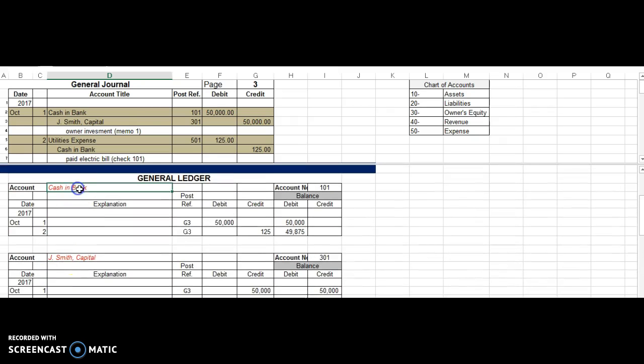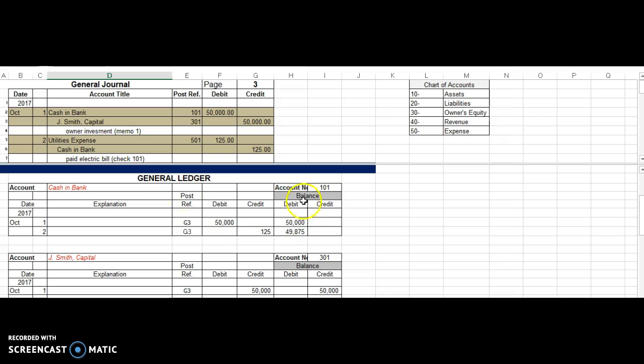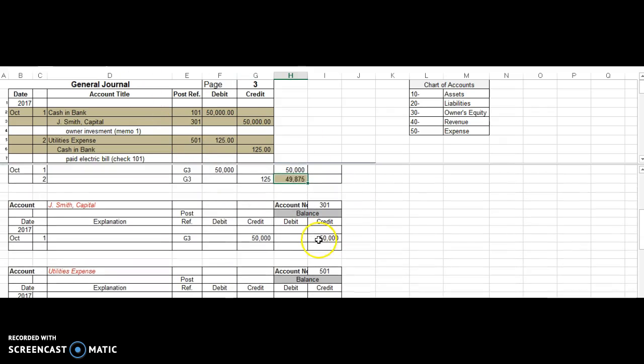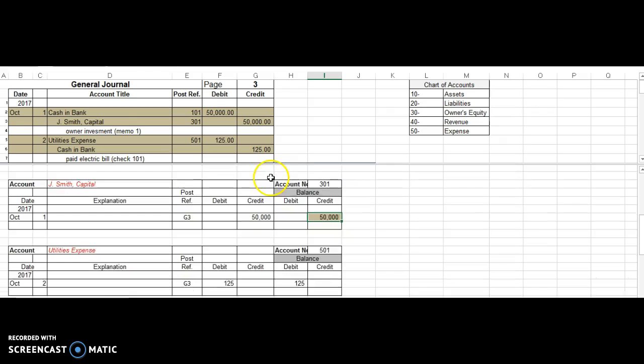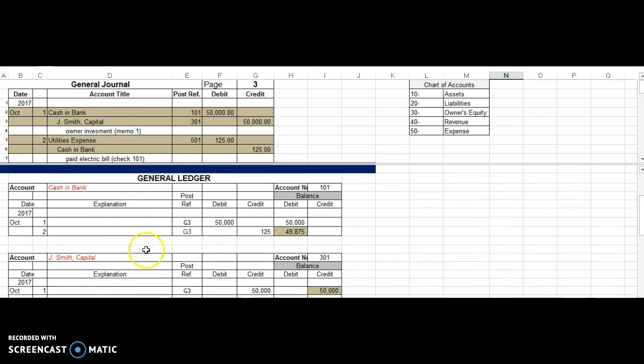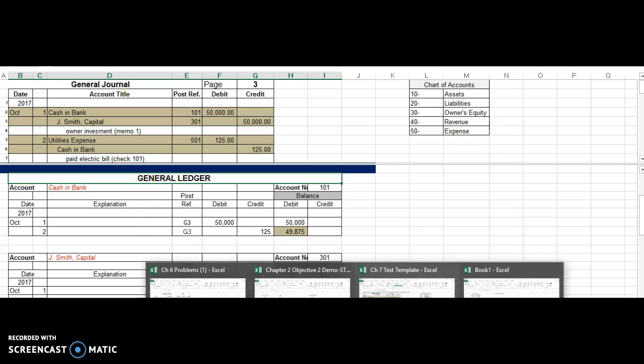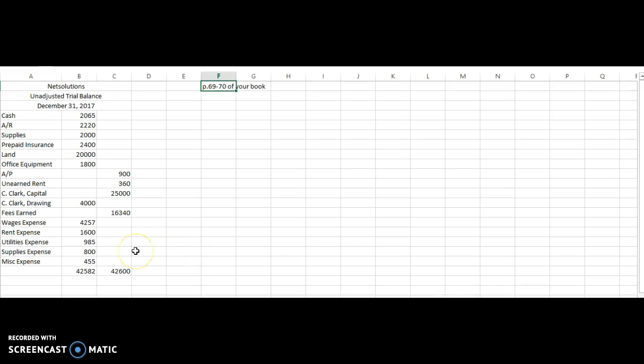Okay, in this instance we would have put cash and bank, our capital, and our utilities expense, and then put in our ending balance, which would be this number right here, whatever it would happen to be. So you get your ending balances from your general ledger and you create an unadjusted trial balance like this.